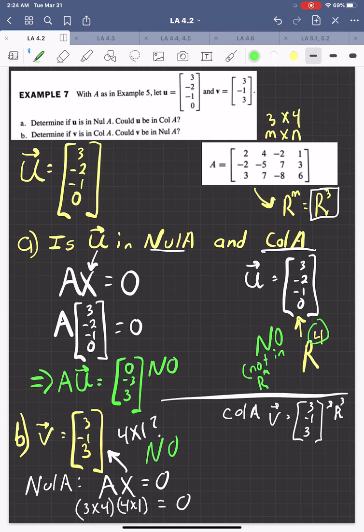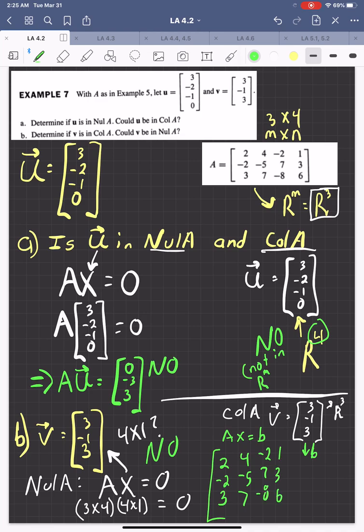All you're going to have to do is take matrix A, and let me go ahead and set it up like this. I'm going to write AX equals B, whereas this is going to be the B vector. So A is going to be 2, -2, 3, 4, -5, 7, -2, 7, -8, 1, 3, 6.